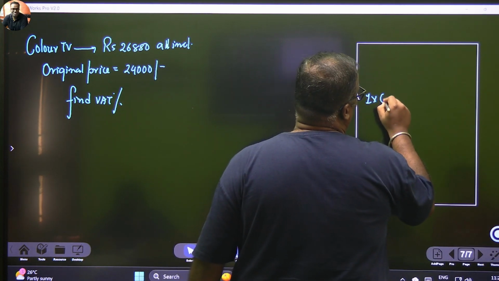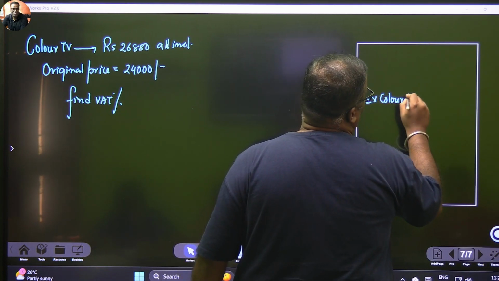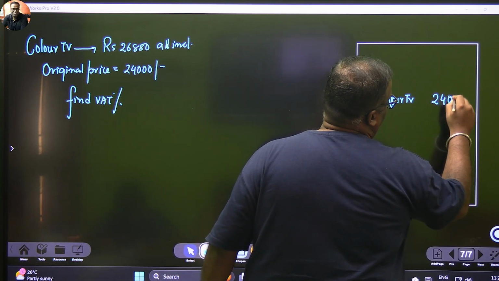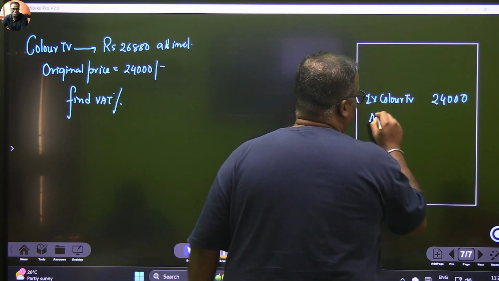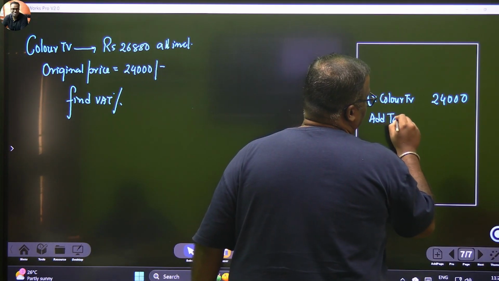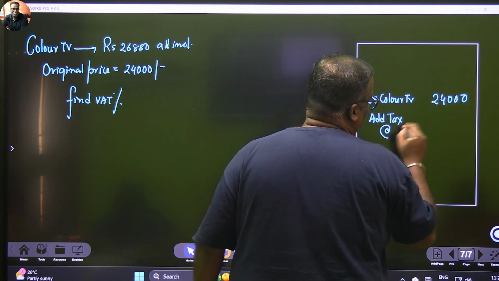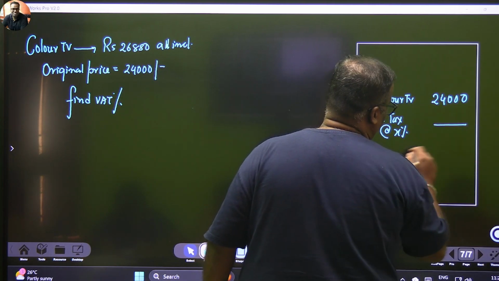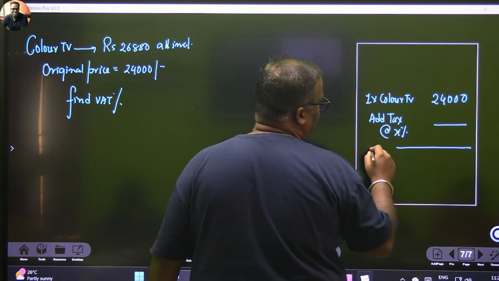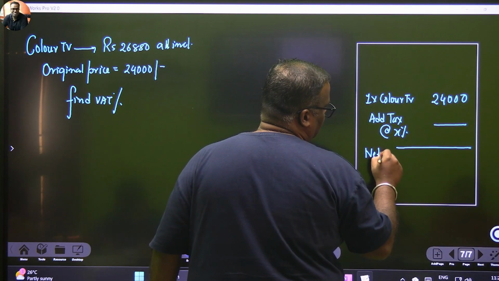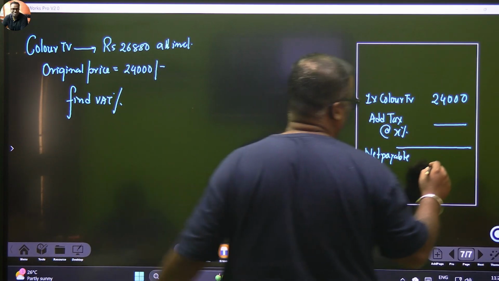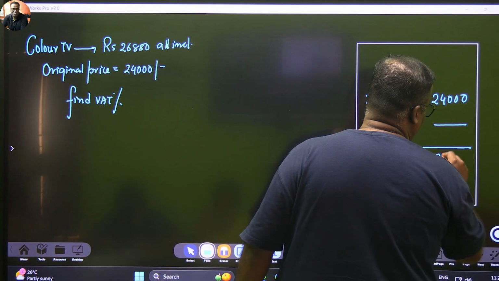1 color TV. What is the price? 24,000. Add tax at, we don't know, X percent. How much it comes? We don't know. And then finally we say net payable. Net payable is how much? 26,880.